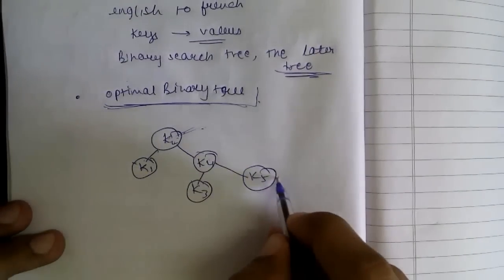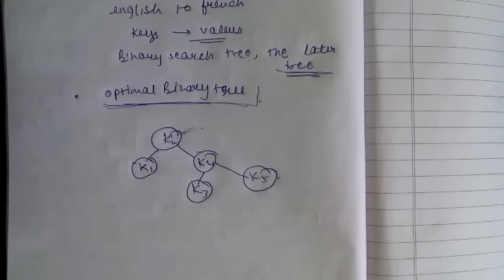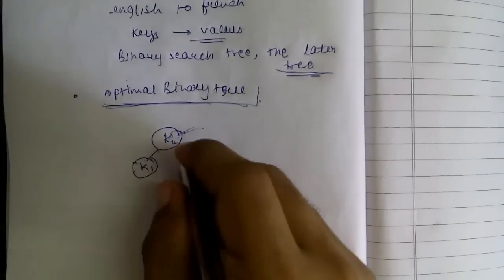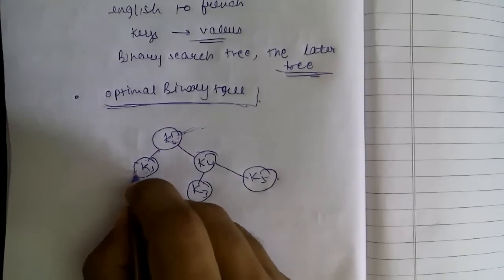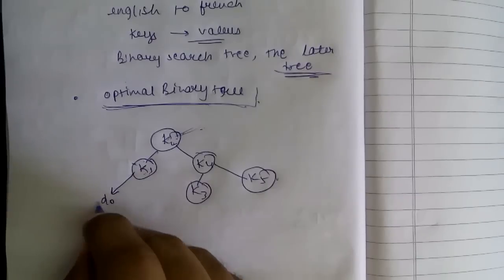So we are having this many words. A word may not necessarily have any translation in French, so the search can end up without stopping at this key. It can be an unsuccessful search and can go to D0.